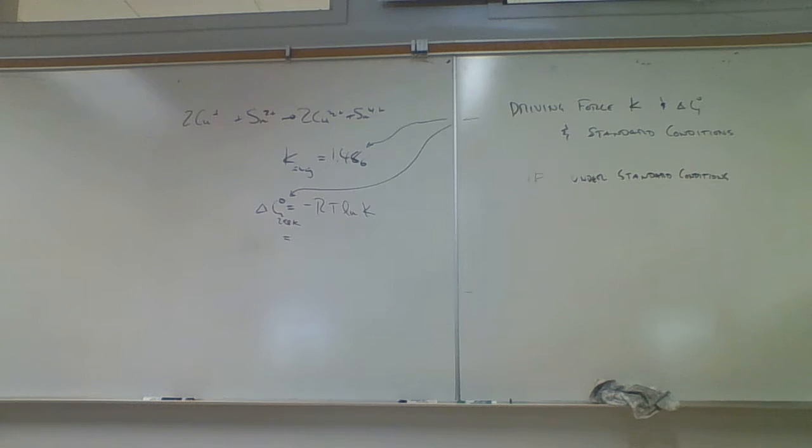And so what we see is something like this: 2 Cu+ plus Sn2+ goes to 2 Cu2+ plus Sn4+, with 1 molar, 1 molar, 1 molar, 1 molar. This is our starting point, and this would give us a Q or K value.